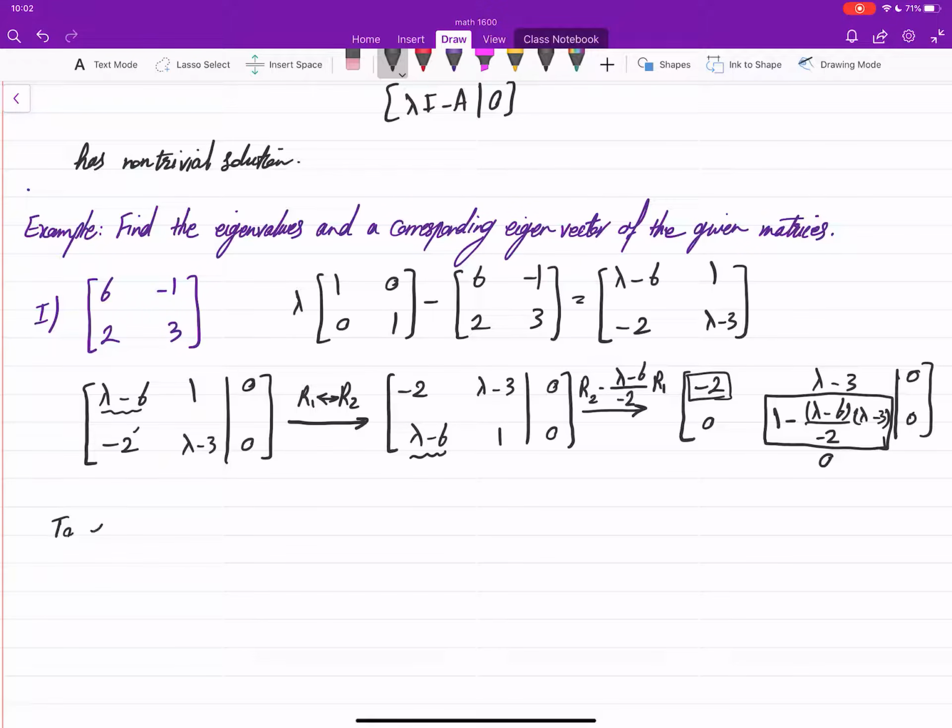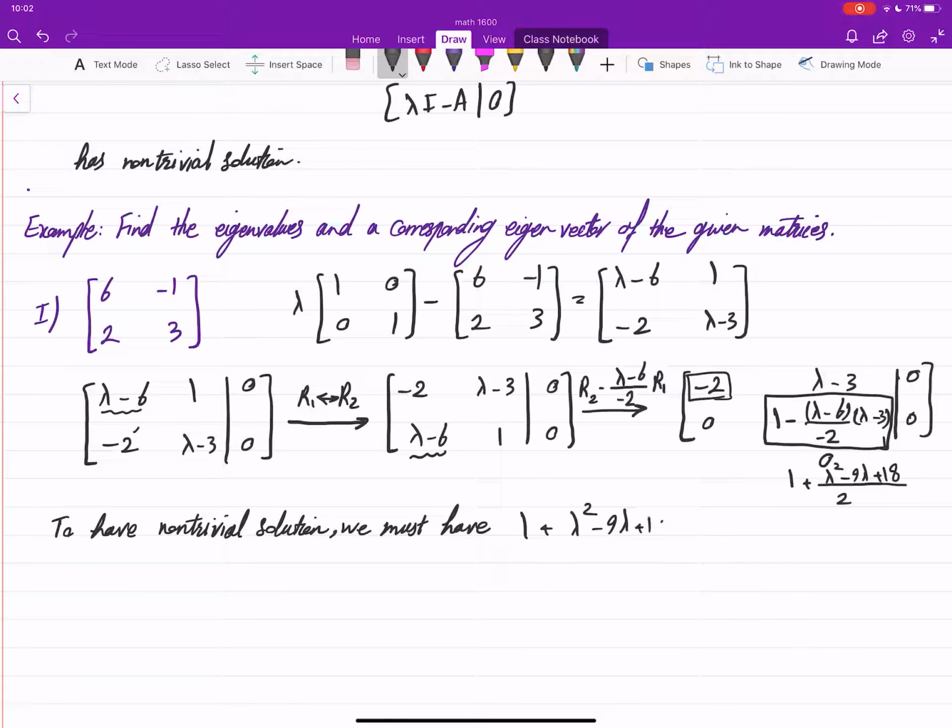So to have a non-trivial solution, we must have that entry equal to 0. What is that entry? Let us just do it together here: 1 plus (lambda squared minus 9 lambda plus 18) over 2 needs to be equal to 0.